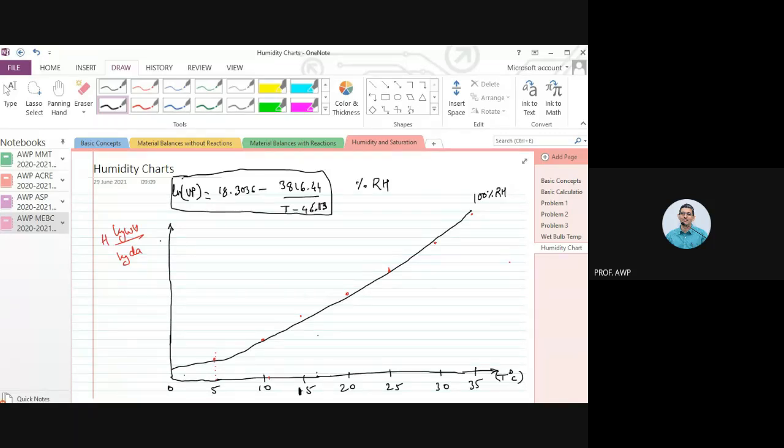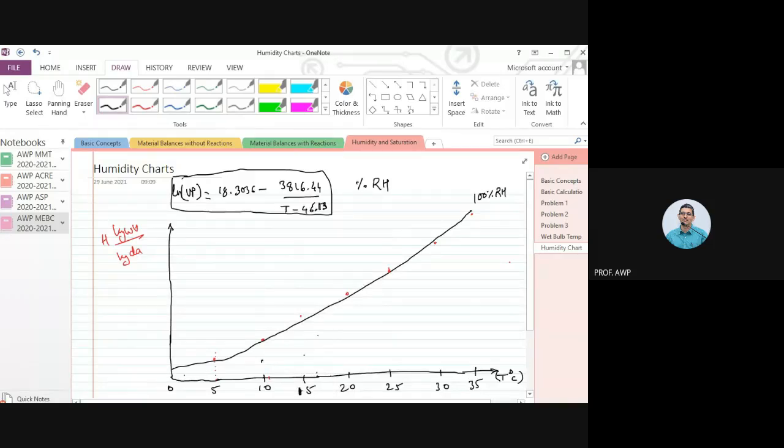And then we can take different percent RH. Suppose I am on percent RH of 50%. So I will take at 10 degrees centigrade, I will find out the vapor pressure. I will convert that into partial pressure, say 50% RH, so half of vapor pressure, then convert that into humidity and plot that point.